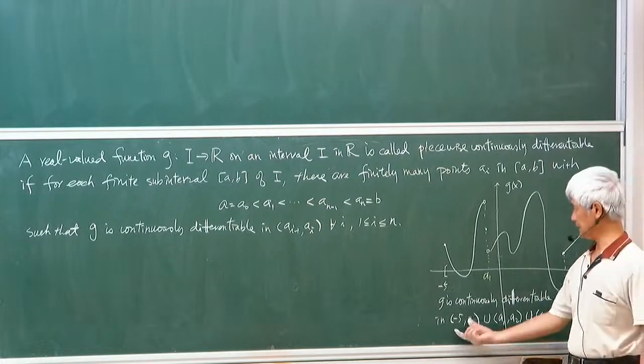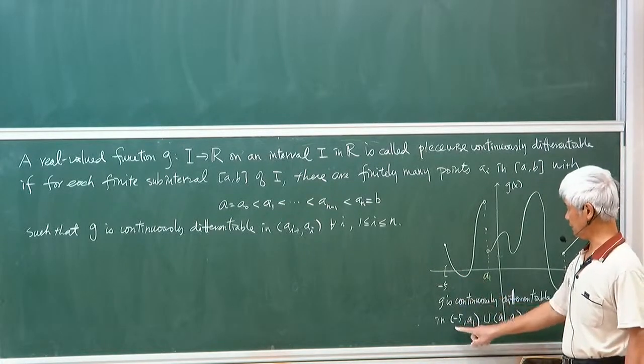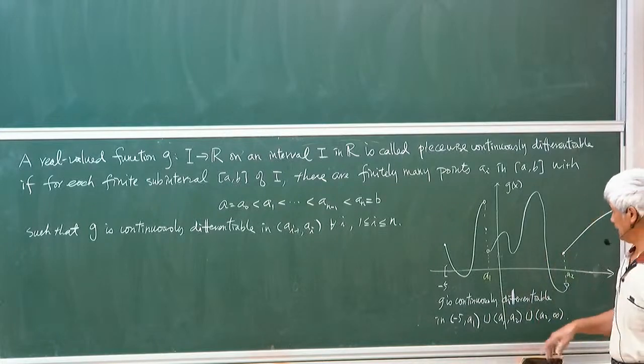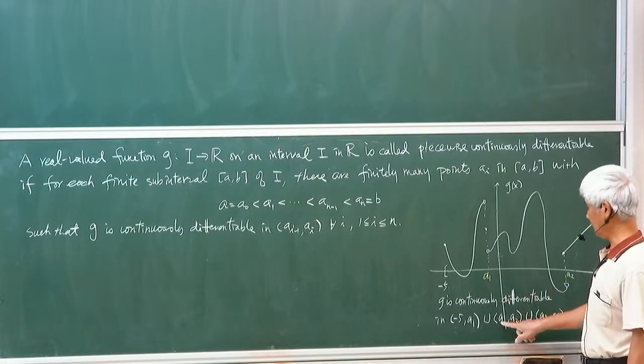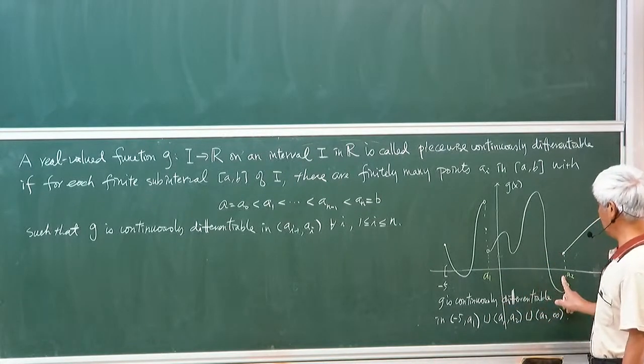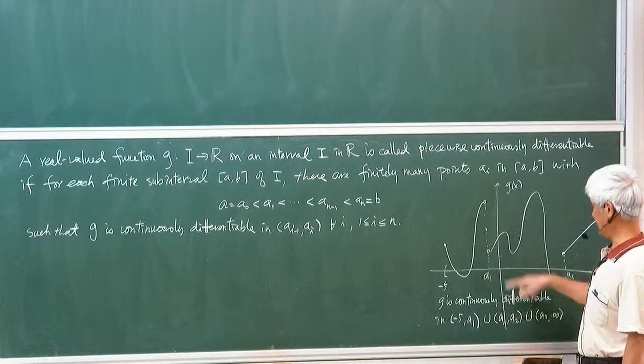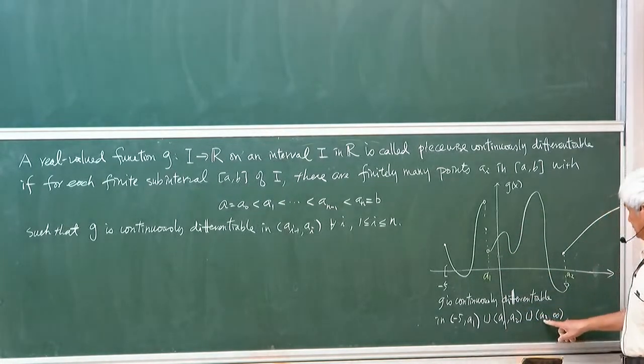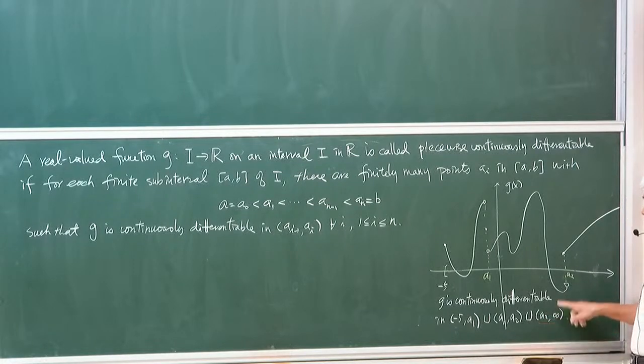So in each piece, in this piece from minus 5 to a_1, G is continuously differentiable. And in the open interval a_1 to a_2, the G function is continuously differentiable. And in the interval from a_2 to infinity, the G function is also continuously differentiable.